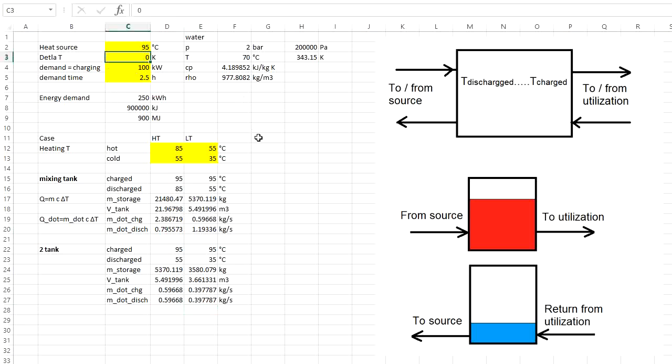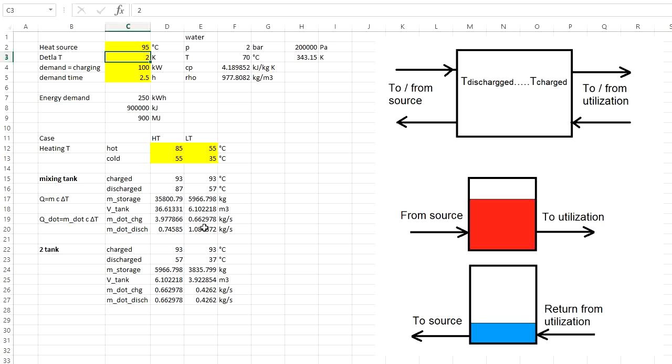And now let's just see what would happen if we would have 2 degrees temperature difference. So in the single mixing tank, suddenly the volumes of the tank increased quite a lot, from 22 to 36 and from 5.5 to 6.1 cubic meters.